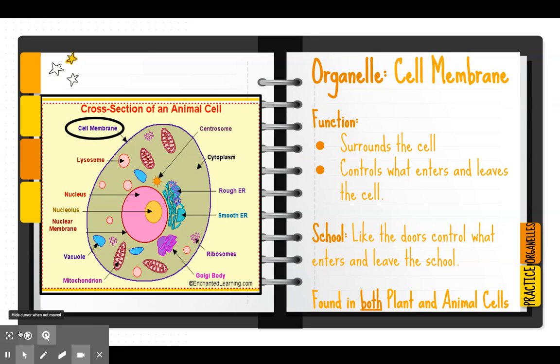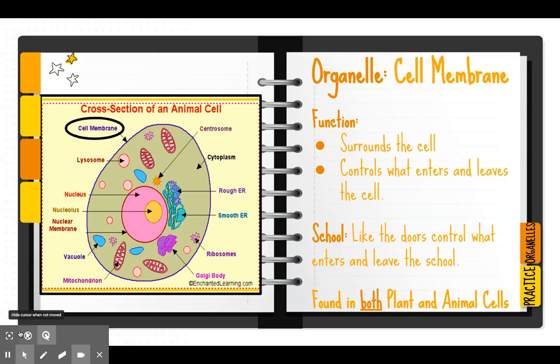Both plant and animal cells have cell membranes, and it does the same job in both. Cell membranes tend to have a super skinny layer of fat, and everything can't get past that layer of fat, but embedded in the membrane there are little proteins, and those proteins allow things to go in and out.